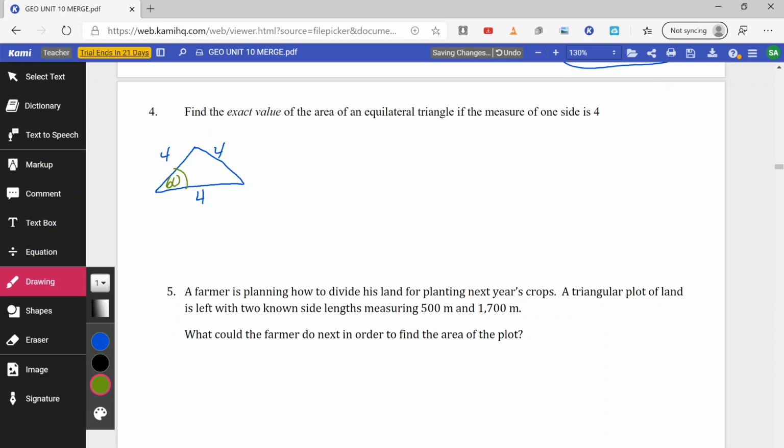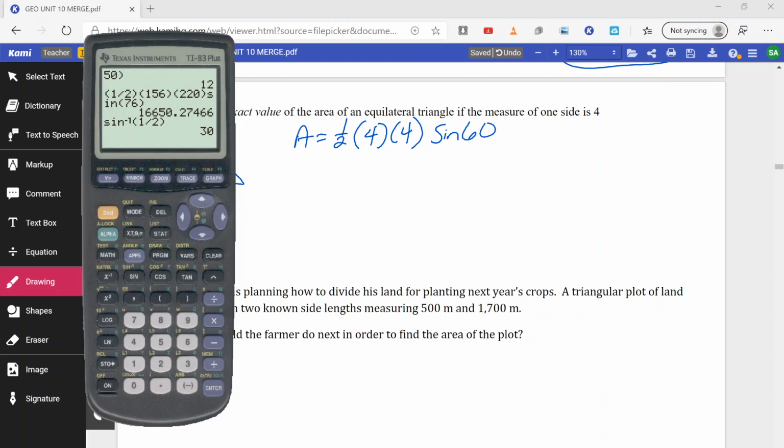So the exact value, if we use the sine formula, would be 1/2 of our two sides, 4 times 4, times the sine of 60. So all we have to do is 1/2 times 4 times 4 times the sine of 60.